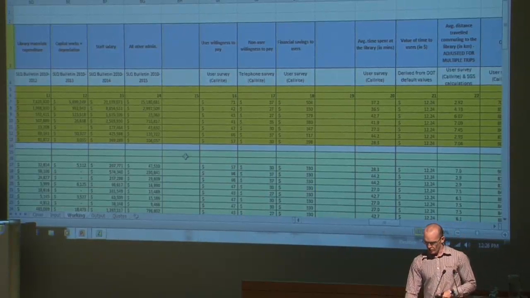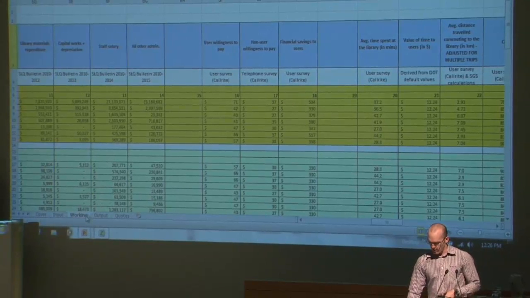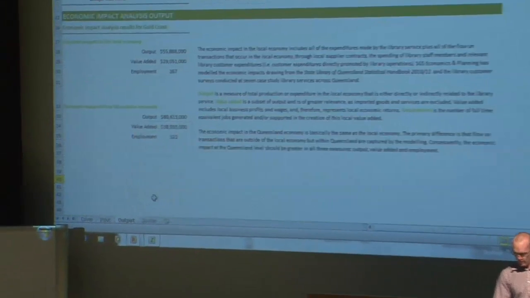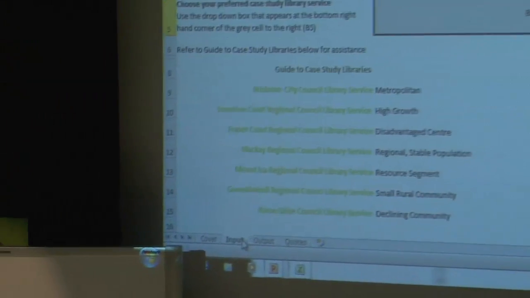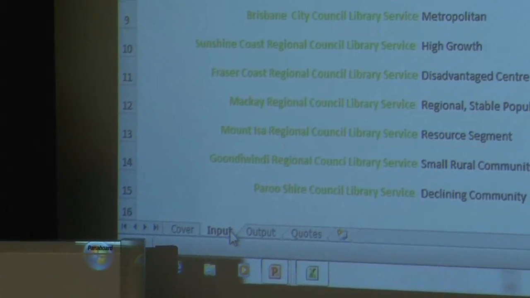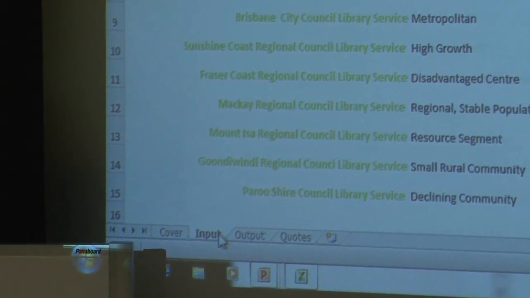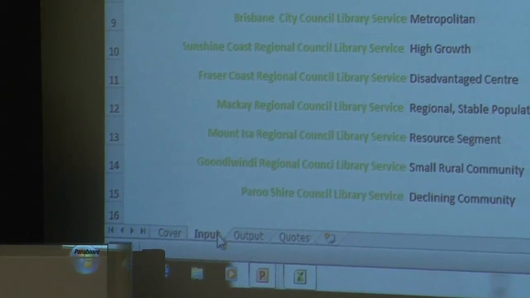So all of those values are sitting in there behind the model, and I believe it is locked, just so that those can't be changed. But it's all there in behind it. It's a very simple process to use, and I guess the idea was to give you the confidence that behind all of these figures are some really robust analysis.